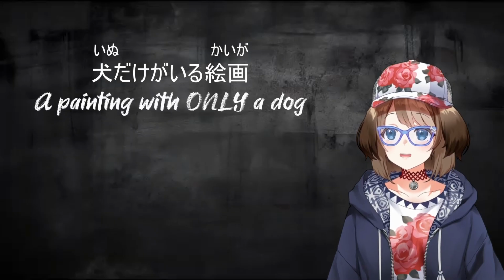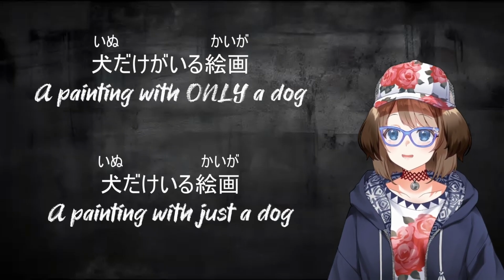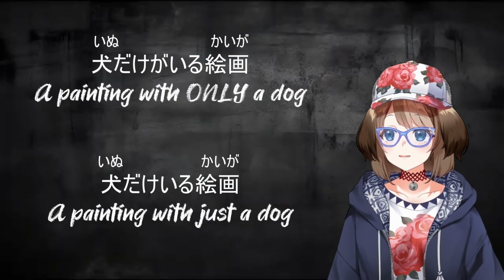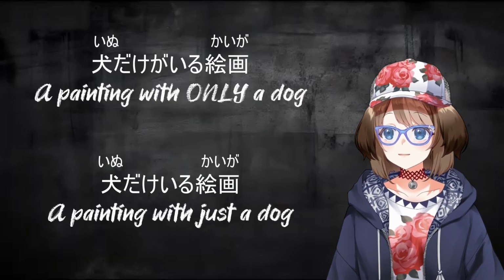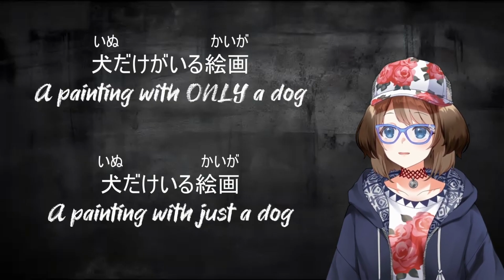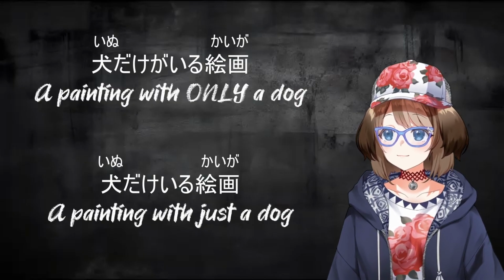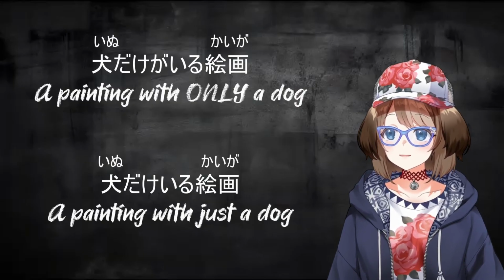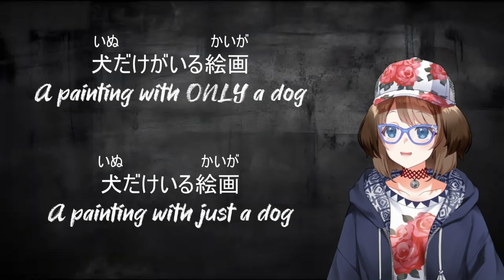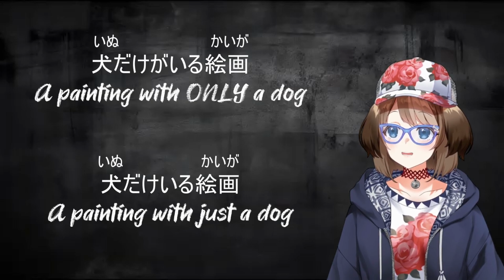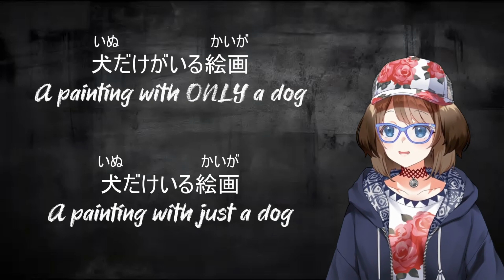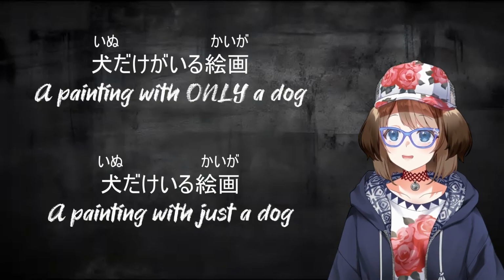Now, there's a tiny nuance that we can see playing out between these two sentences that I'm showing you here, right? These sentences look almost identical, and their meaning is also almost identical, right? So the two little phrases that we have here are inu dake ga iru kaiga and inu dake iru kaiga.